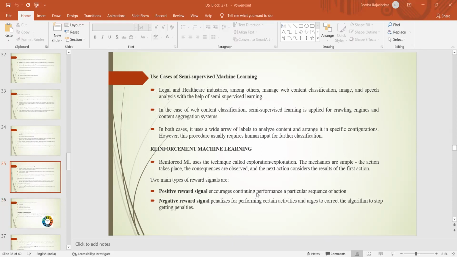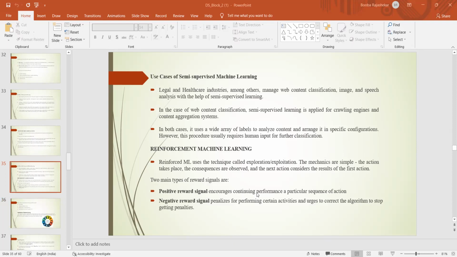Use cases of semi-supervised learning. Semi-supervised learning is used in the healthcare industry and legal, and to manage web content classification, image and speech analysis. In the case of web content classification, semi-supervised learning is applied for crawling engines and content aggregation systems.